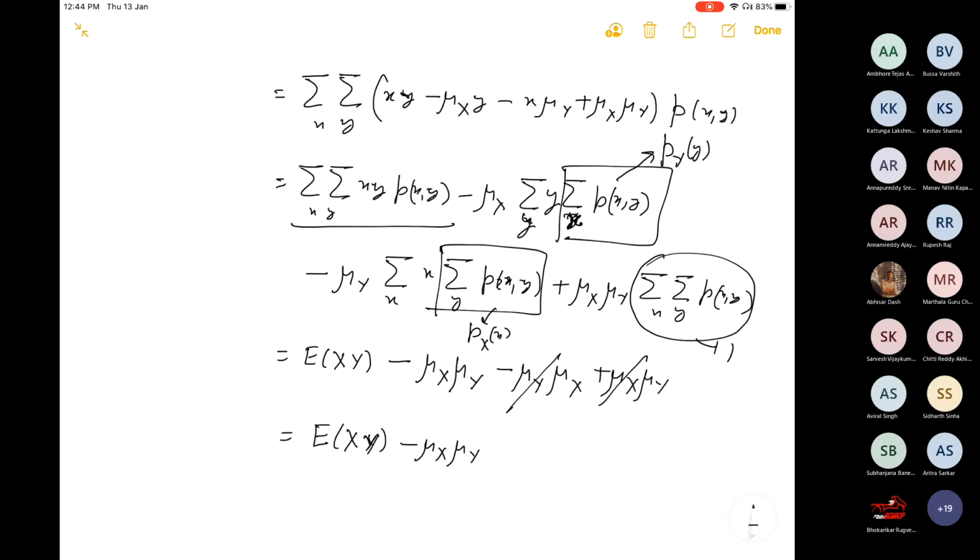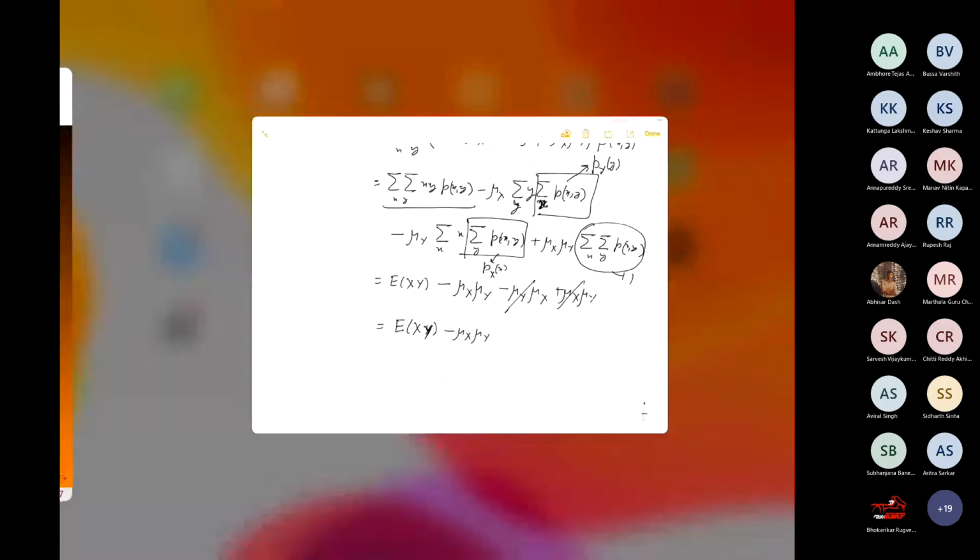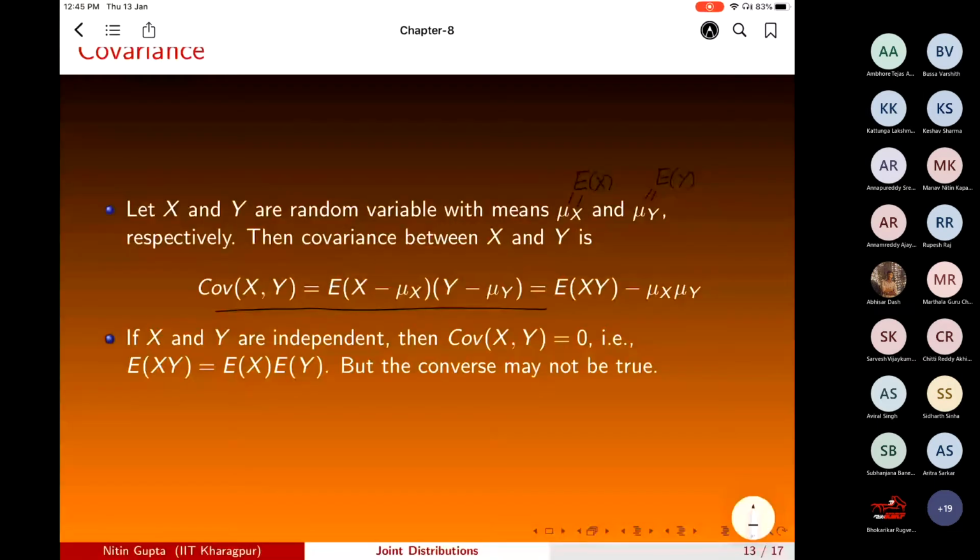So in this fashion we can find the covariance between X and Y as the expected value of XY minus mu x mu y. You can do the proofs in the same fashion. If X and Y are independent, then the covariance between X and Y is 0, but the converse may not be true.